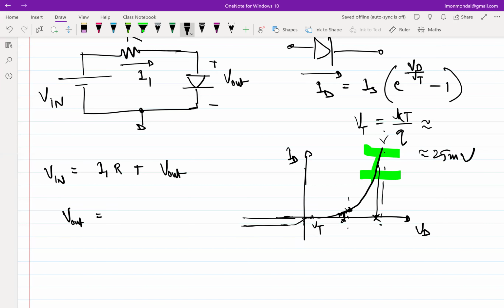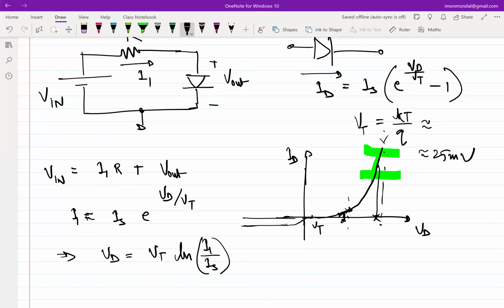And when the diode is on, one approximation that we can readily make, as long as V out is more than VT, is that the current I1 is approximately equal to IS e to the power VD over VT. We neglect the minus 1 because, again, ease of life. Because what I'll do, I'll take out VD here, and then this becomes VT ln of I1 by IS. So I'll replace, in this case, my VD is V out, so I should use V out.